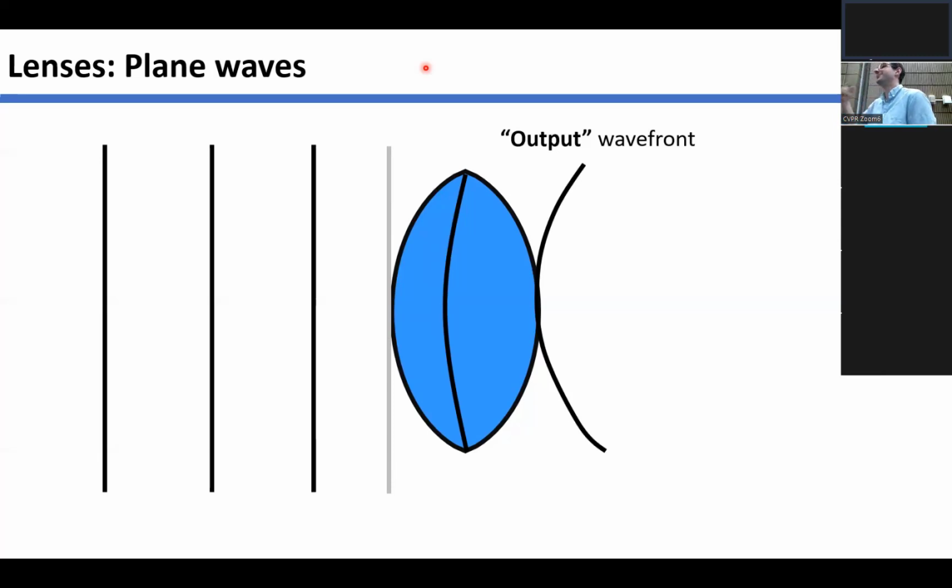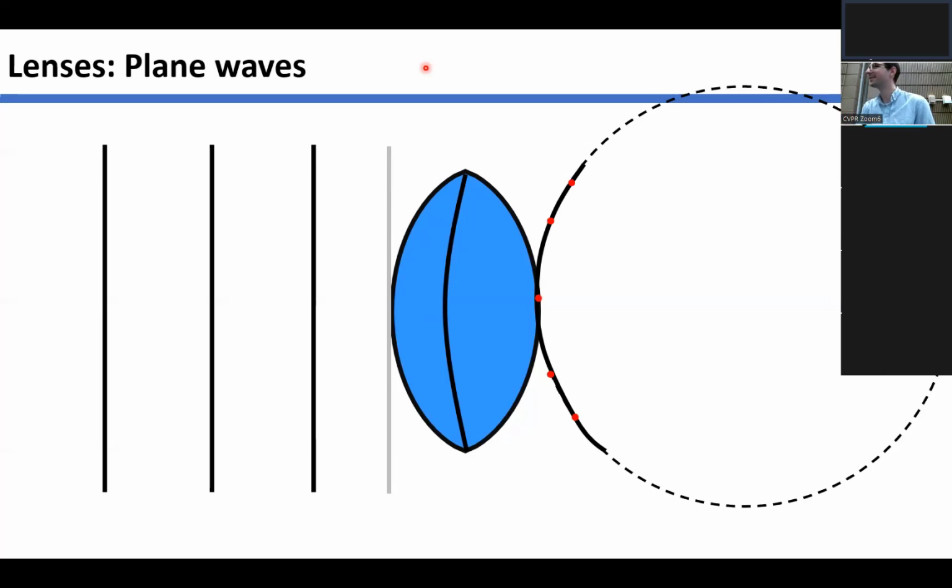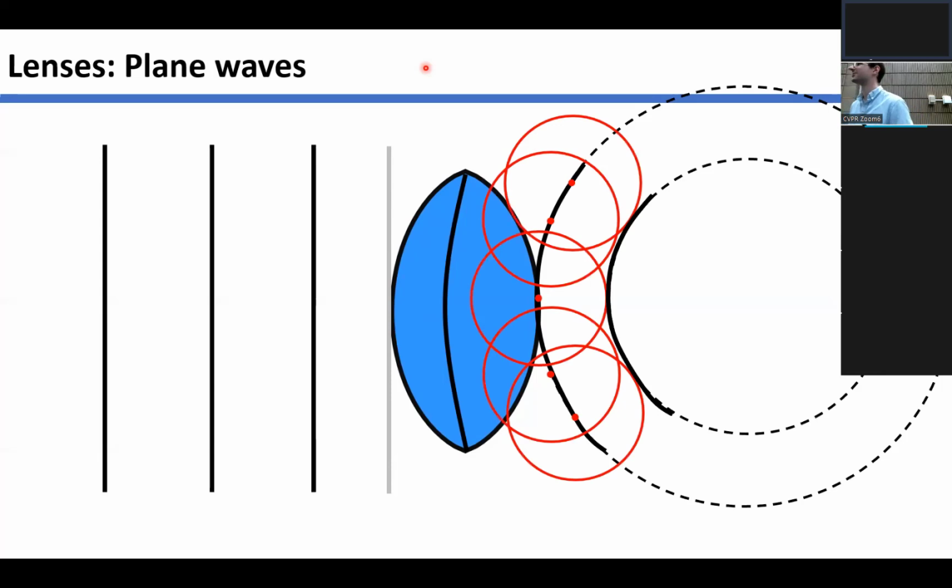Now, the wave has no idea that it was a planar wave. It just does whatever the Huygens-Fresnel principle tells it to do, right? So if I were to draw this sort of thing here, to itself, it looks like a spherical wave. It says, I've been a spherical wave my whole life. I've never been a planar wave. It doesn't know the difference. So if I start to draw the circles again, it goes, well, I shouldn't propagate according to the fact that I was a planar wave.